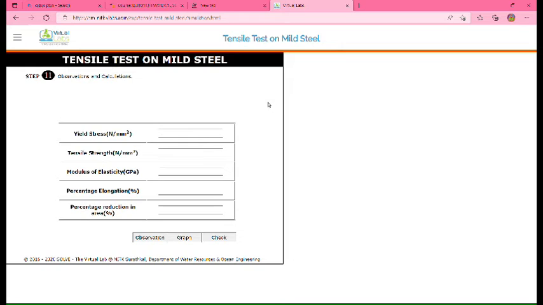Okay. For step 11, observations and calculations from the experiment. So for the yield stress, we use a formula: load at yield point divided by original area, and we got 336.89 Newton per square millimeter.